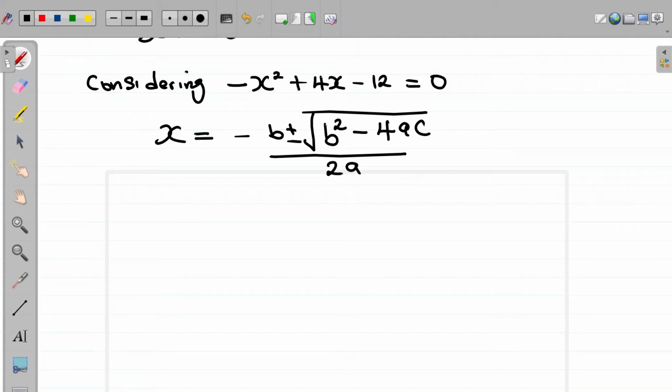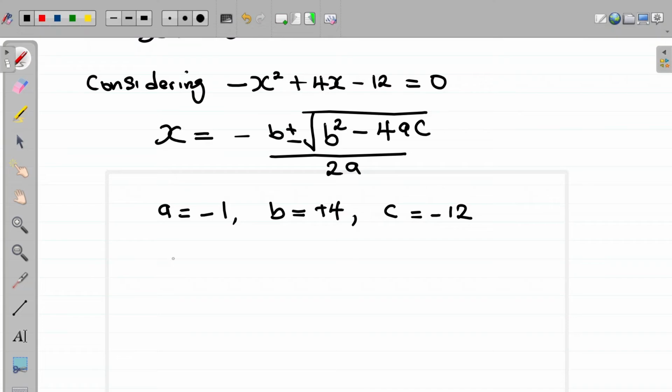Now, from our quadratic equation, the coefficient of x squared, which is a, is equal to negative 1. Also, the coefficient of x, which is b, is given as positive 4. And our constant c is given as negative 12.